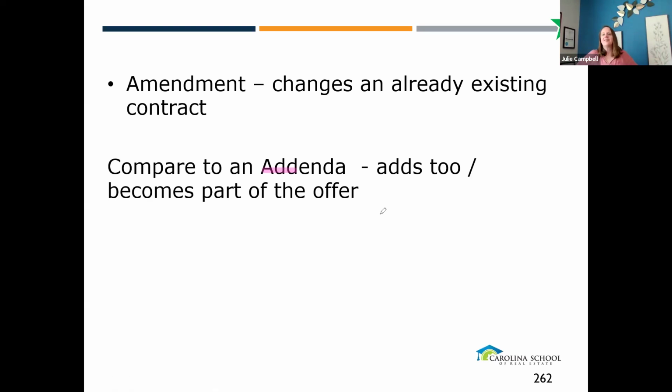We discussed an addendum, I guess it was Unit 20, when we talked about lead-based paint. And we discussed our lead-based paint hazard addenda. The addenda added to, it didn't change anything. It added to and became part of the offer, and upon acceptance becomes part of the contract.